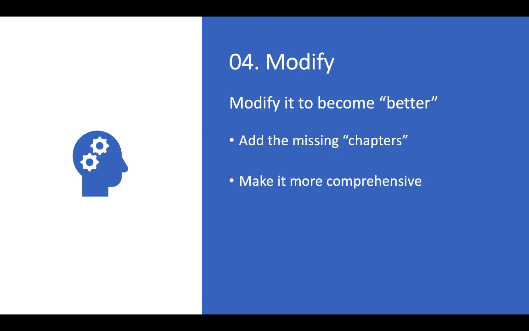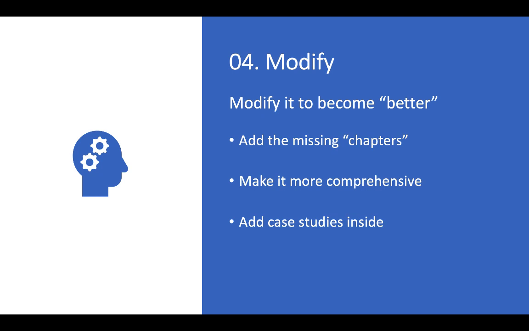So the next thing you can do is to make it more comprehensive. So this book, is it comprehensive enough? We're not just talking about the missing chapters, but the structure of the modules, the structure of the chapters. Are they comprehensive? Can someone actually execute what they have learned from this book by reading the book?